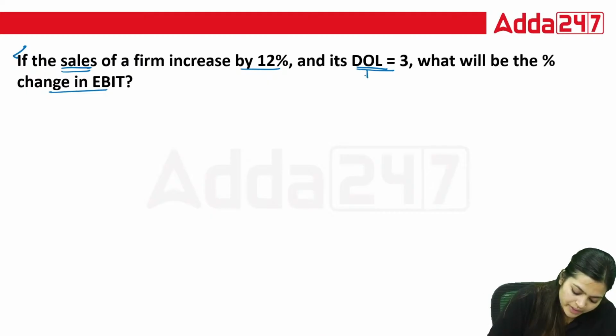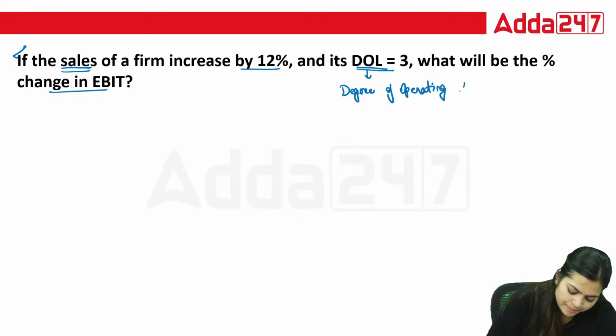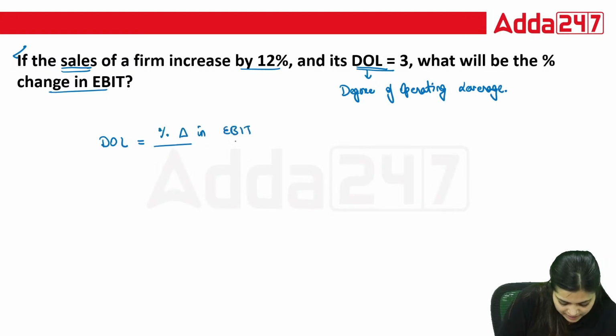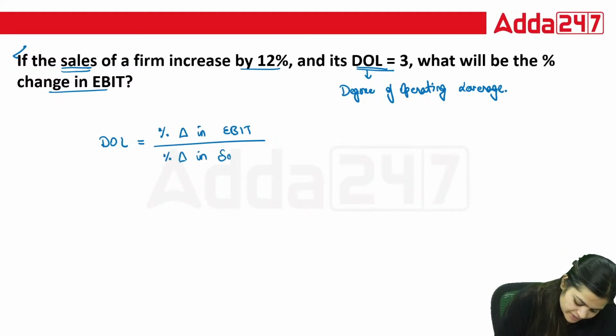Now DOL means degree of operating leverage. Here the formula for DOL is percentage change in EBIT divided by percentage change in your sales.